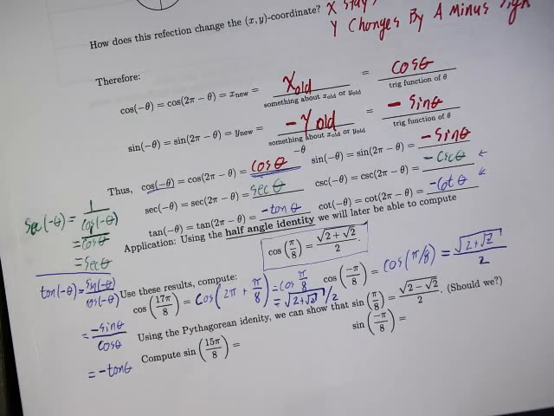So if you want to solve this for the sine of pi over 8, you know what you have to do. You're going to subtract this to the other side, and then take a square root, and then think about whether it's positive or negative. But maybe before we do that, we should simplify this.